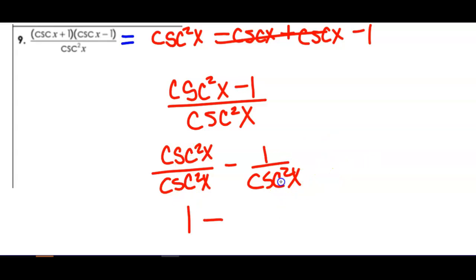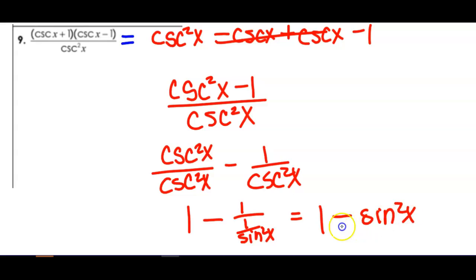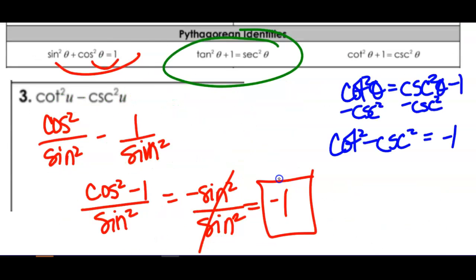Now, this is 1 divided by 1 over sine squared. Well, when you divide, you multiply by the reciprocal, so this becomes 1 minus sine squared. It's also, I think, in your notes that the reciprocal of cosecant would be sine.